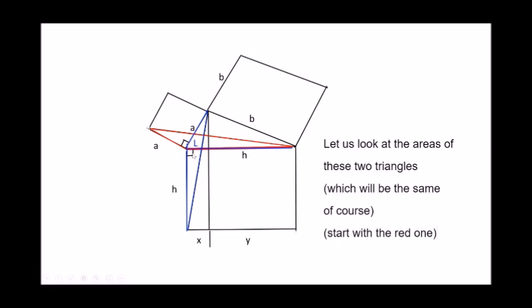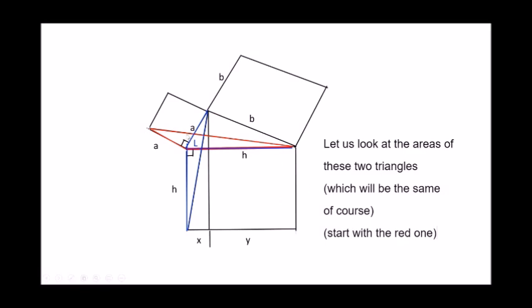And if you look at their internal angles here, they're both equal to the right angle plus L, that one, and for the red triangle, that one. So you've got two sides that are the same, and the angle between them is also the same. And that is a perfectly good test for congruency. So these triangles are definitely congruent triangles. They are identical. It follows that the areas of these triangles will be the same.